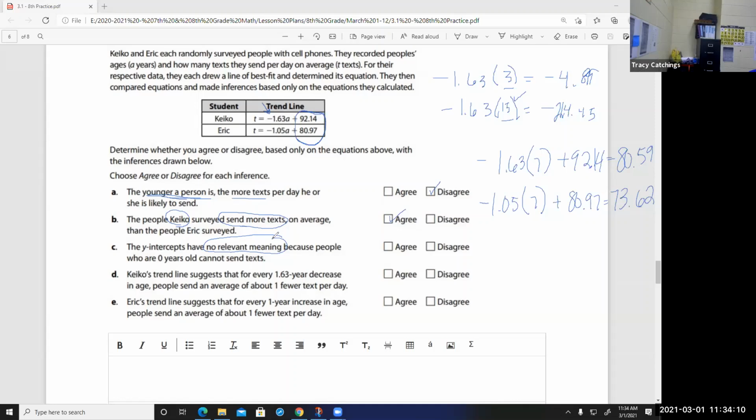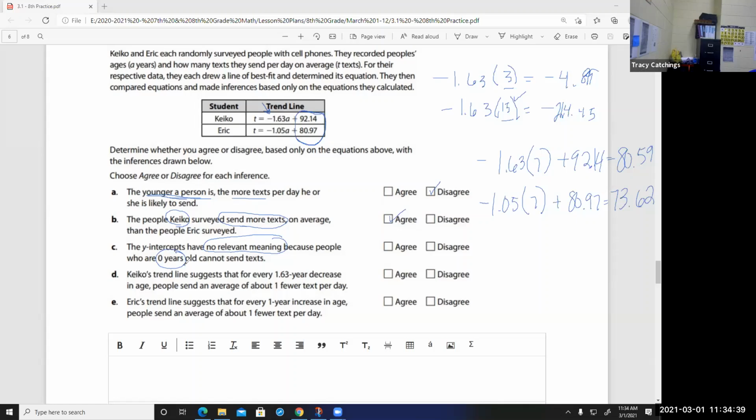Okay, I kind of see what you mean. But then it kind of makes me question and wonder. But think about that. Because if I'm 0, that means it'll go just to that y-intercept, 92.14 and 80.97. So we're gonna have a meaning.